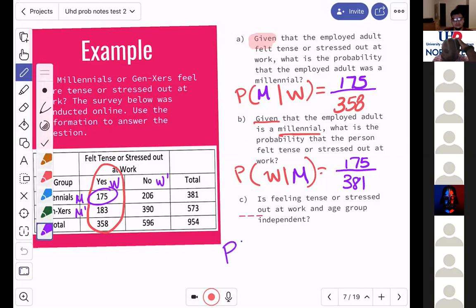I'm going to do the probability of M given W. If they're truly independent, what should that be equal to? The probability of M, the probability of the first term.